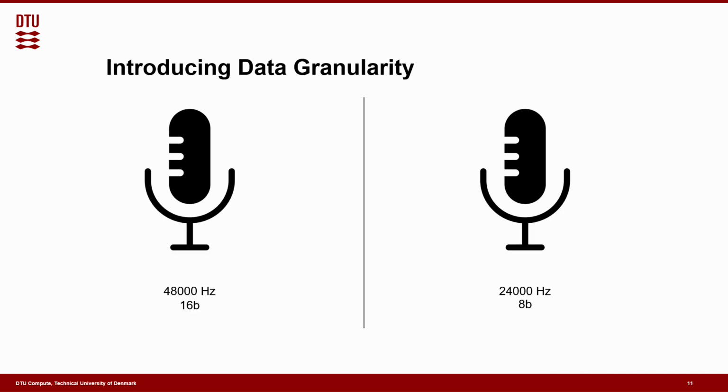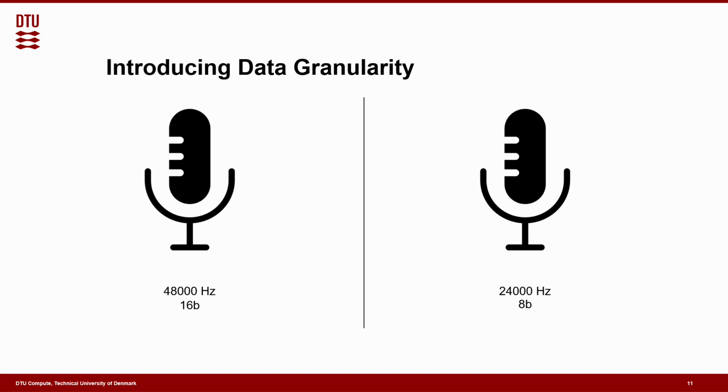And before I go on, I'd then like to introduce this term that we've also used in our paper, which we have termed data granularity. So imagine that you have two different microphones in the same environment listening to the same sounds. One is capturing the sounds at 48,000 hertz and using 16 bits to store each of these samples.